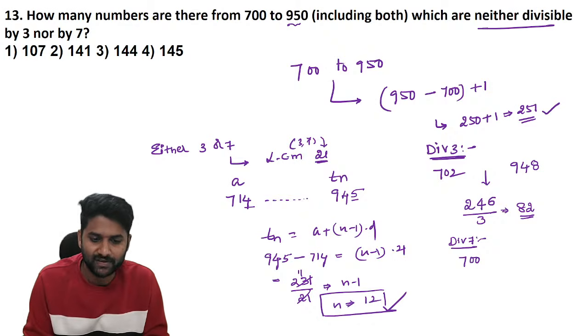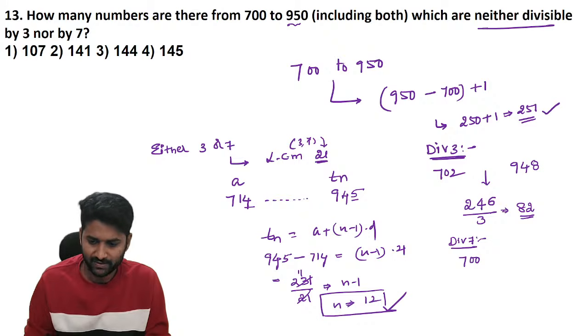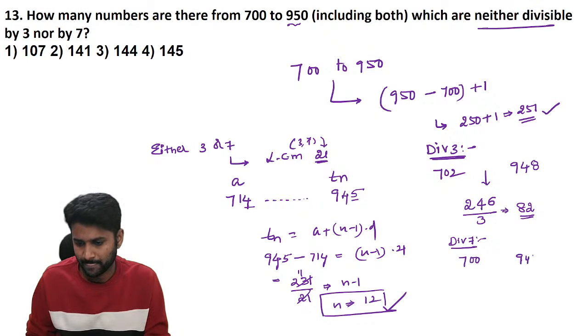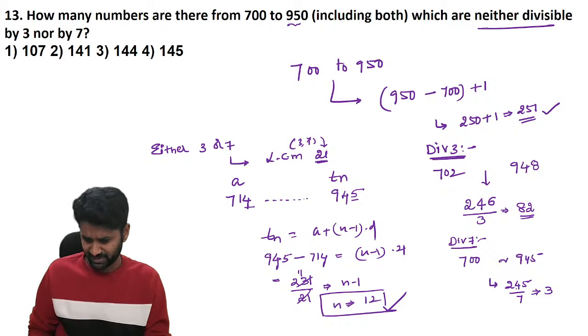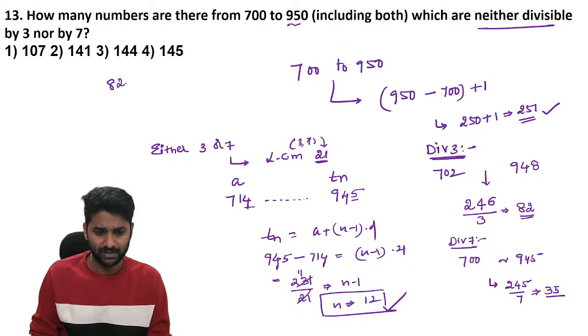First we have to identify how many are divisible by 3 and 7, and then subtract it from the total. So 7 into 135 is 945. The difference between the numbers is 245 divided by 7, which is 35. So 82 plus 35.